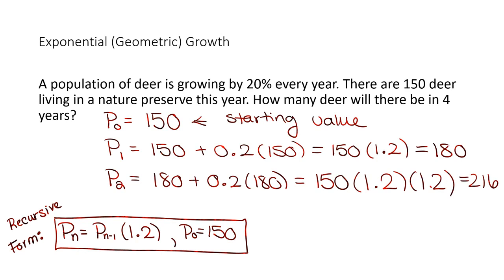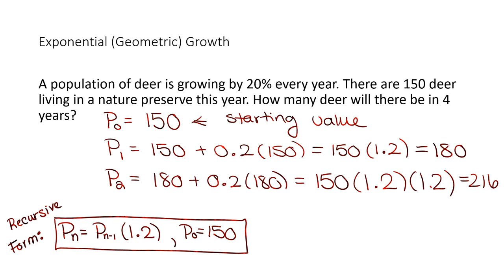What does this look like in explicit form? Well, our starting value is 150. To get the population after 1 year, we multiply by 1.2 one time. To get the population after 2 years, we multiply by 1.2 two times. And that pattern is going to continue.